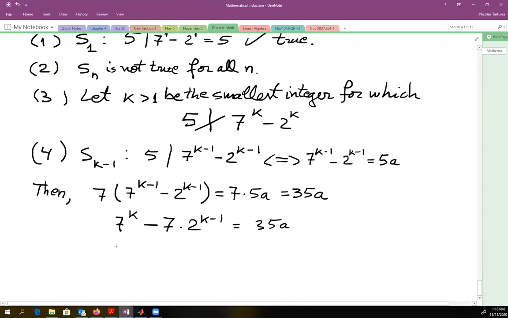Okay, now this is 7 to the k, nothing done here. But 7, I can decompose it as 5 plus 2. That's obvious, right? Multiply by 2 to the k minus 1. And this is 35a. Okay, then I have 7 to the k.